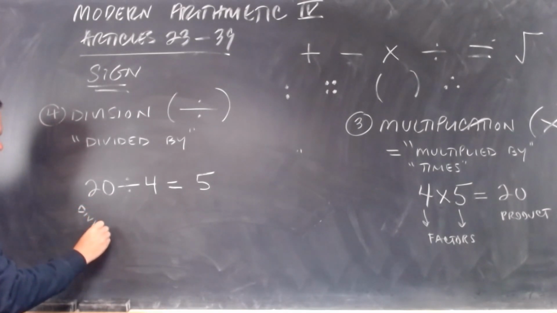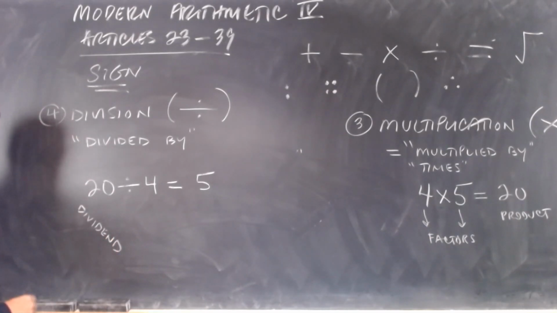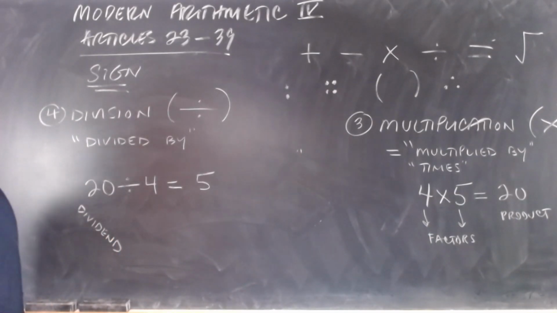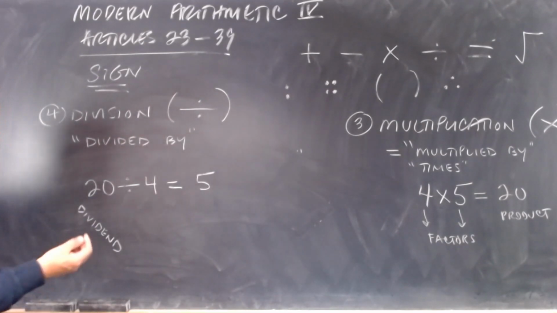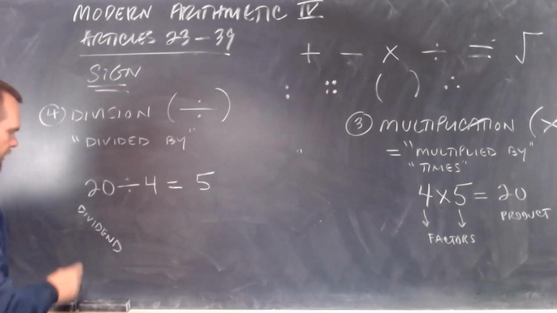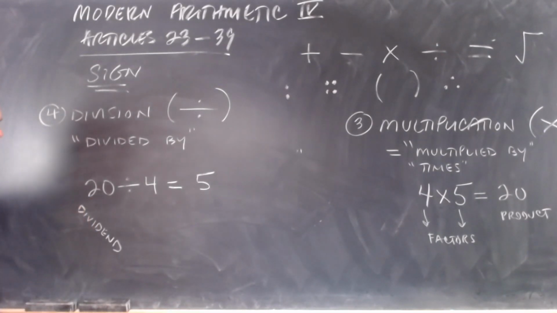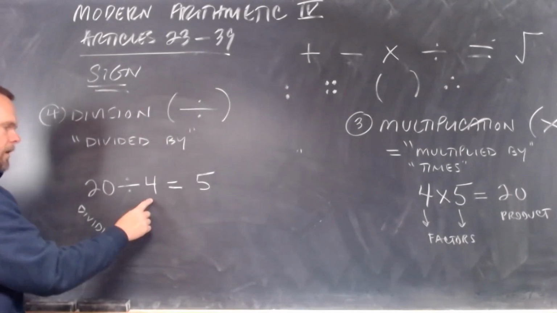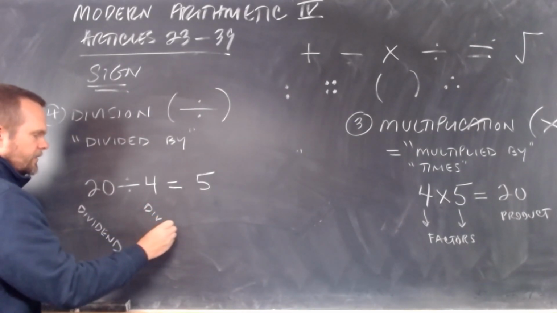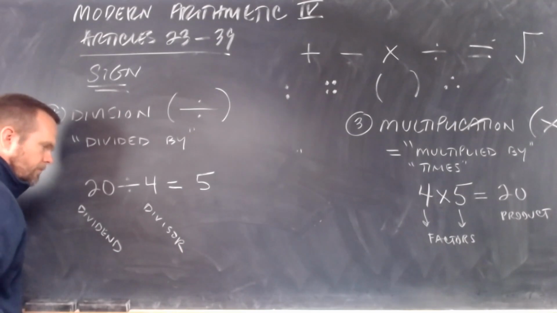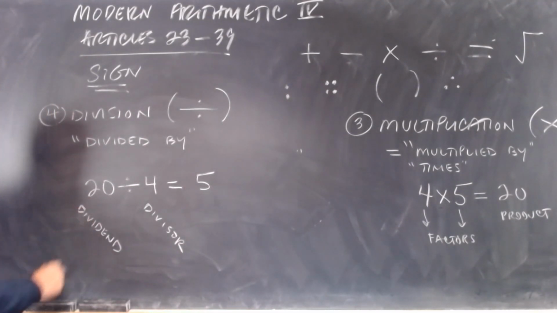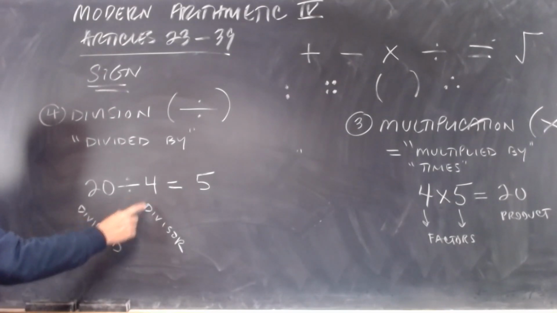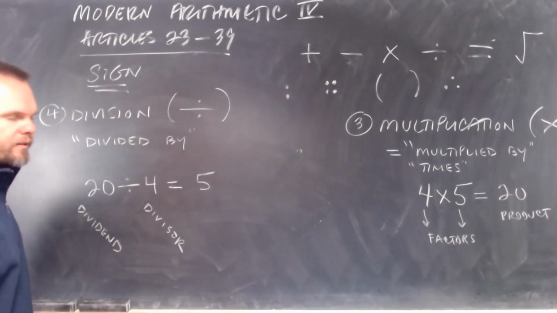The first quantity in a division problem is called the dividend. The dividend means the quantity to be divided. You better write these down. You need to learn these things. This is the language of mathematics. The dividend is the number to be divided. The number that divides is the divisor, the divider.